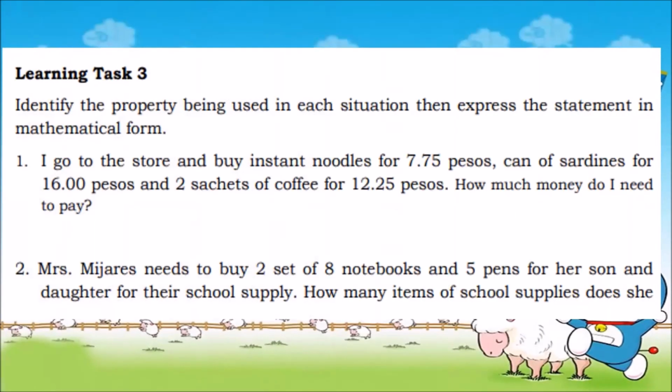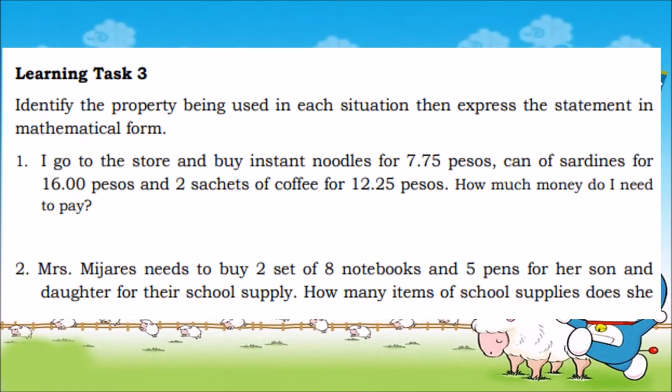Then in learning task number 3, so I hope clear po ang learning task number 2, identify natin kung anong property or property ng integers yung given at i-complete natin yung statement.